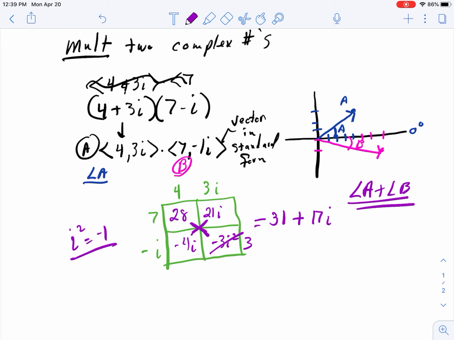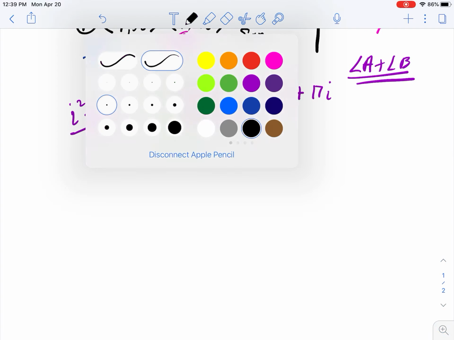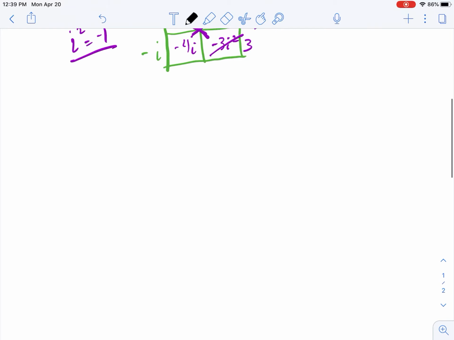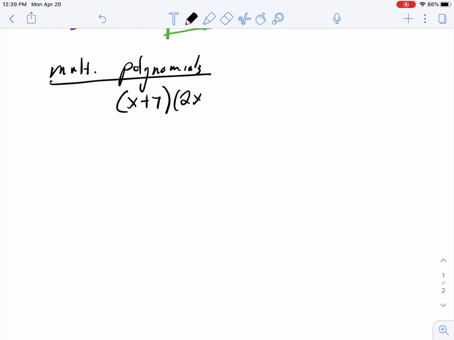Now, if we go ahead and expand on this in terms of multiplying polynomials, let's take the next step. So, multiplying polynomials. If I have, let's say, x plus 7 and 2x minus 1, we can do the same thing here, create a box.